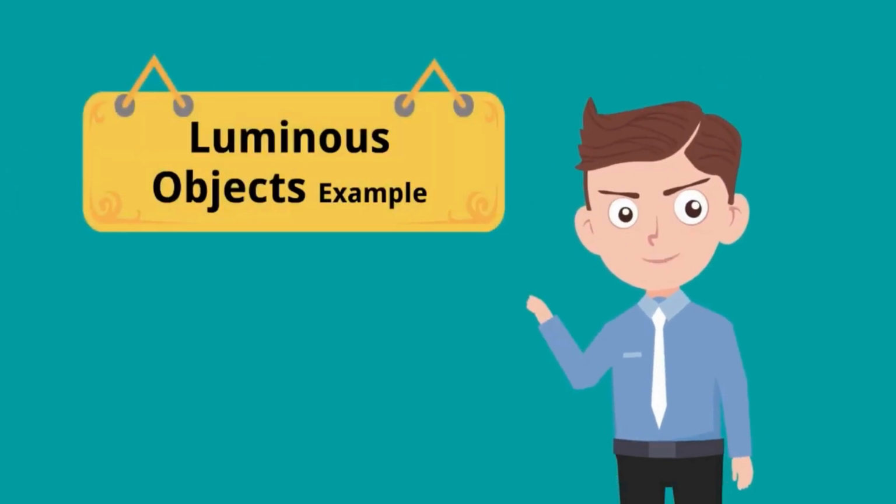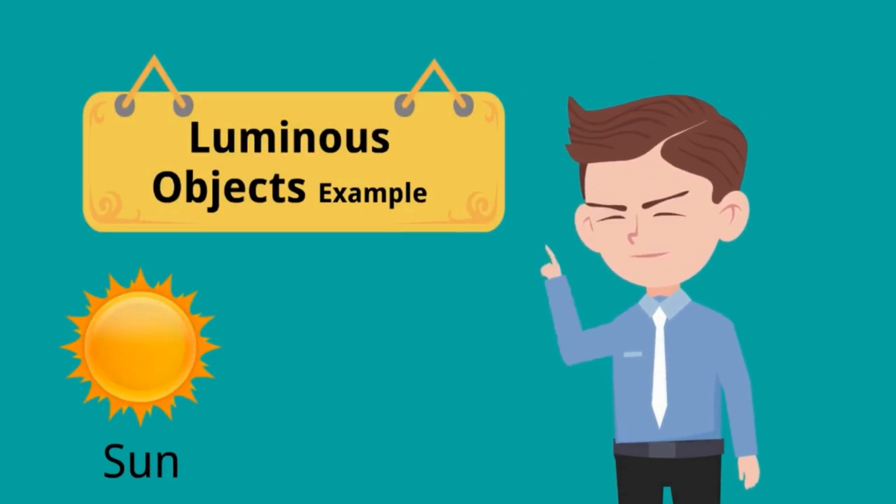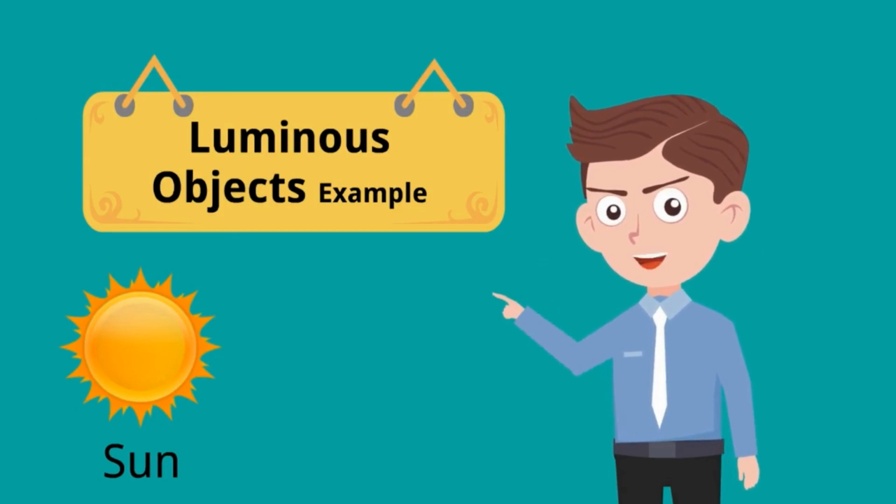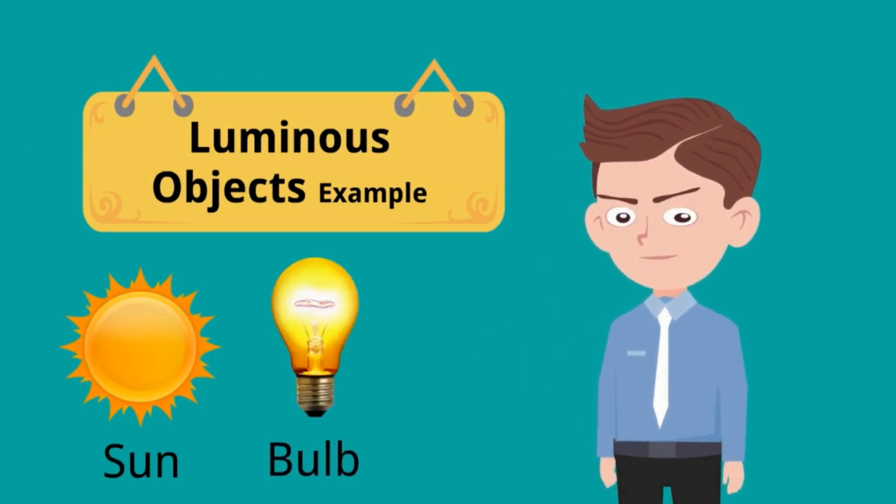Luminous objects, for example, the sun. The sun is the ultimate source of light in our universe. We get light from the sun, so the sun is a luminous object. Bulb. At night we switch on our bulb and we are able to see. So a bulb gives light, so it's a luminous object.